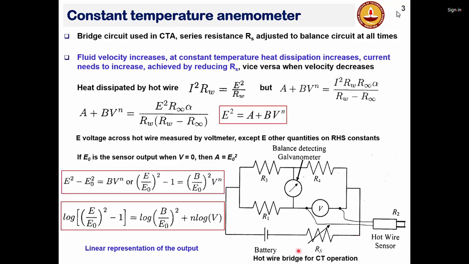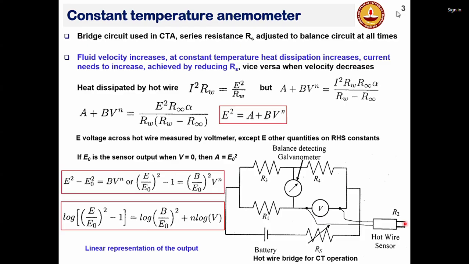That is achieved by lowering the resistance. This shunt resistance here, RS, is basically lowered so that the current passing through the hot wire is increased. That means you have higher heat flux now being generated, which is convected into the fluid, maintaining the temperature constant.